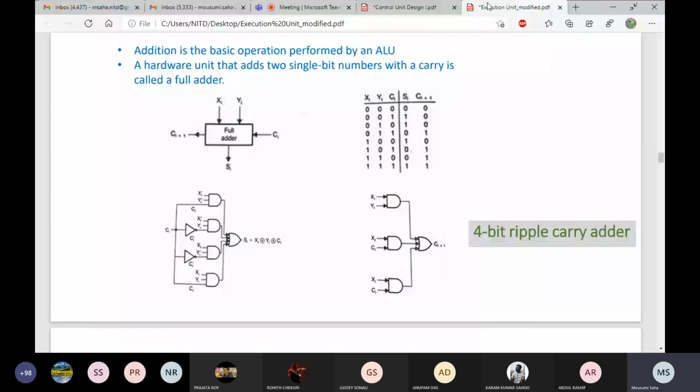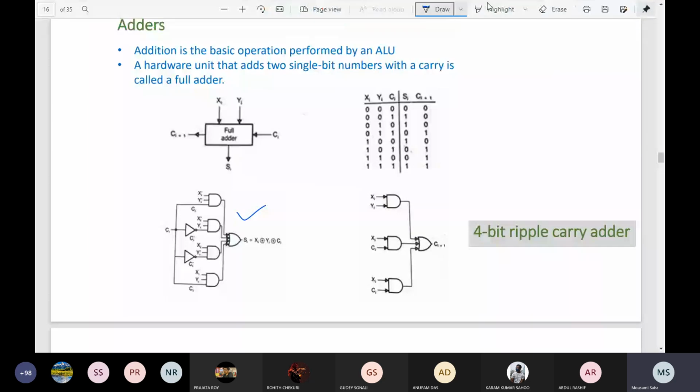Okay. So see here, if you observe, from C, if you want to get the value of S, then from here to here the delay is delta, from here to here it will take another delta, and from here to here it will take another delay, that is delta.